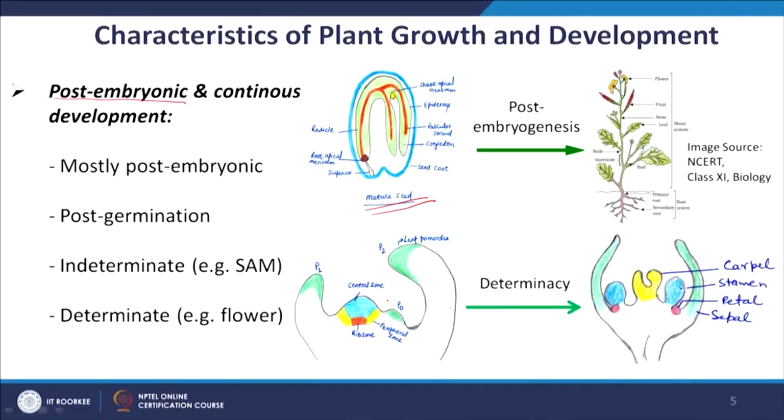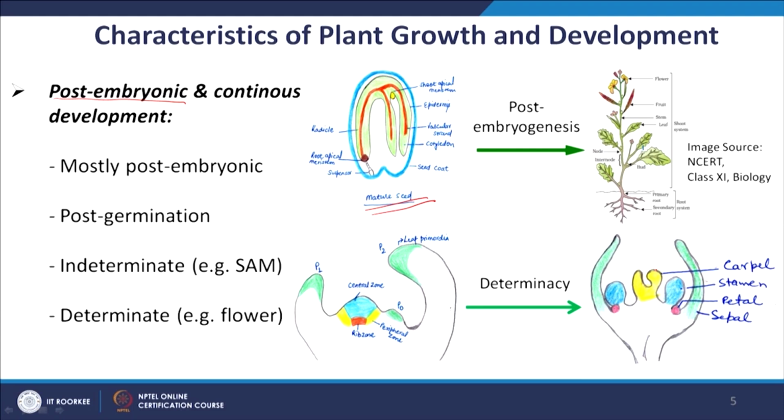For example, if you take the case of flower development, typically the inflorescence meristem is indeterminate in nature, but when the inflorescence meristem makes floral primordia or floral meristem at the flank, the floral meristem, after making all these organs, which are sepals, petals, stamens and carpels, once it has developed the carpel, the growth basically terminates here, and all the meristem which was present here is totally consumed.